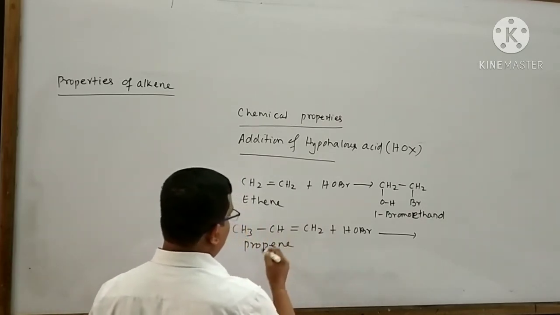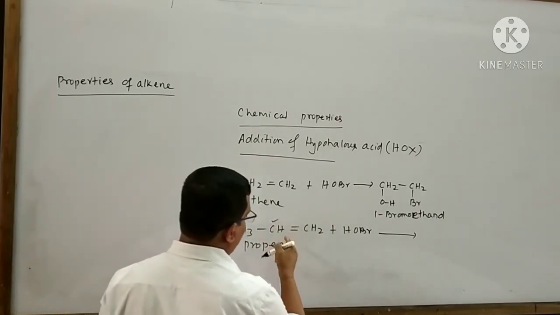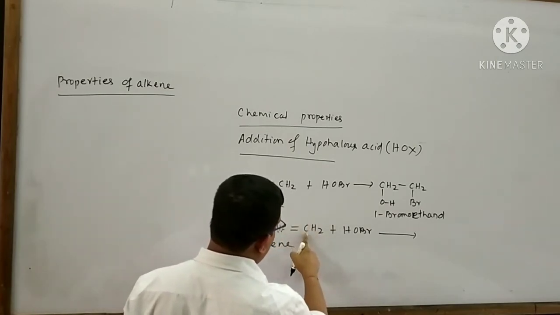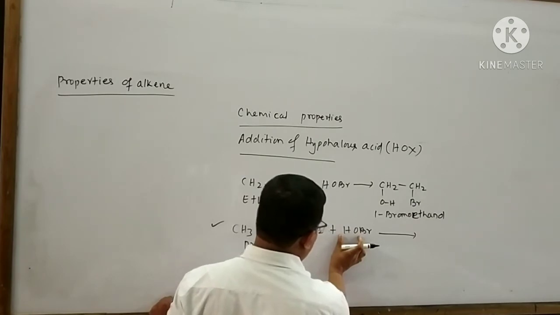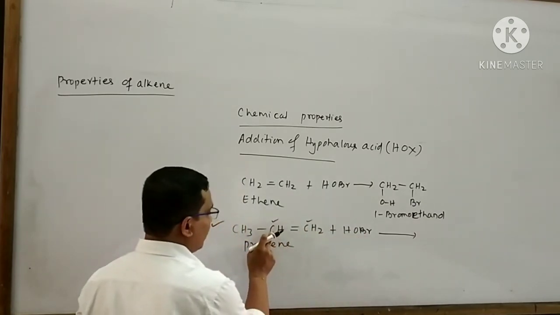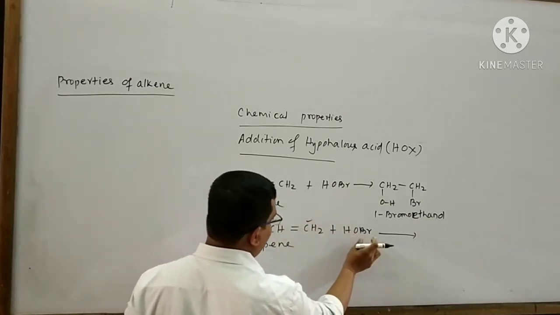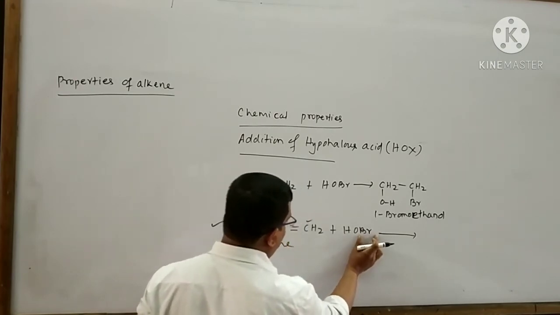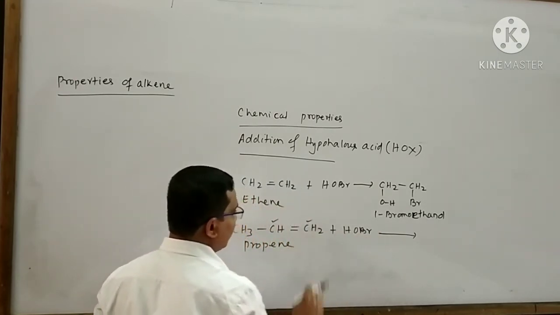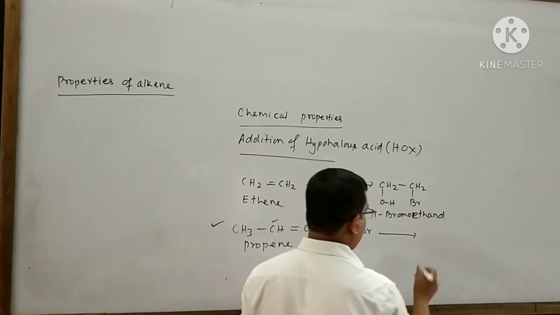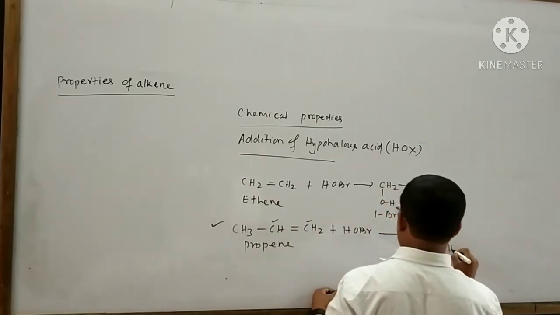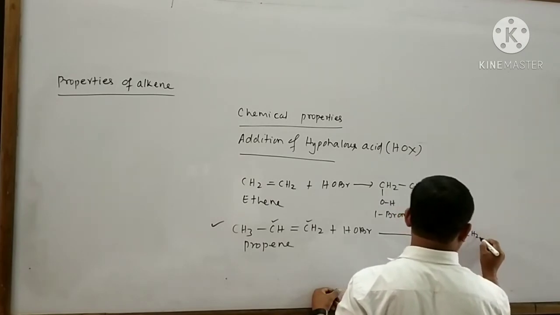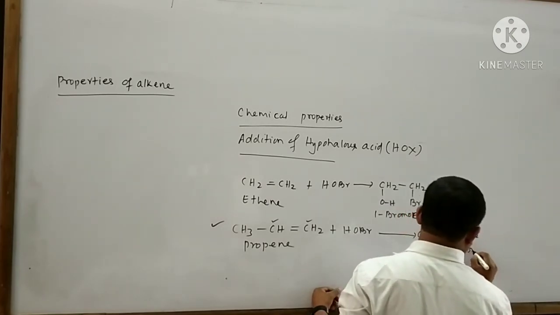Look at that. This carbon atom contains 1 hydrogen atom. This carbon atom contains 2 hydrogen atoms. So the negative part, that is OH minus ion, will attach with this carbon atom. On the other hand, the Br plus will attach with this carbon atom. I can write the product like this: CH3 bond CH bond OH bond CH2 bond Br.